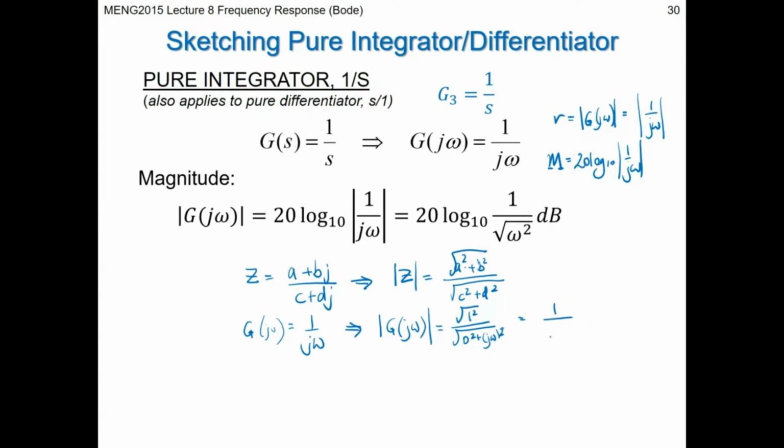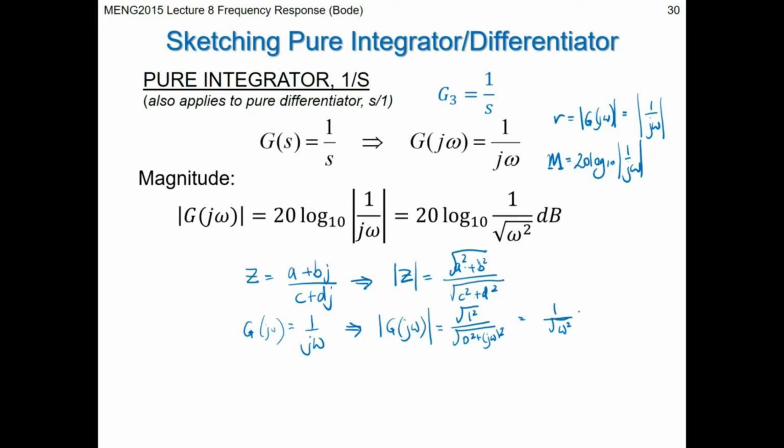There's going to be 1 over, the j squared becomes minus 1, and so you're taking your minus 1, square rooting it, it just becomes 1, and you just end up with root omega squared.